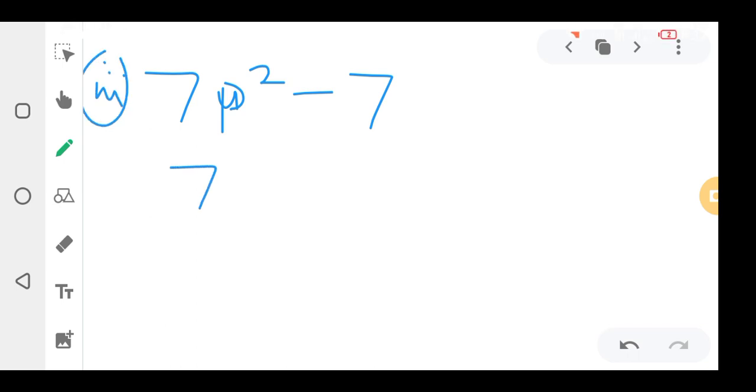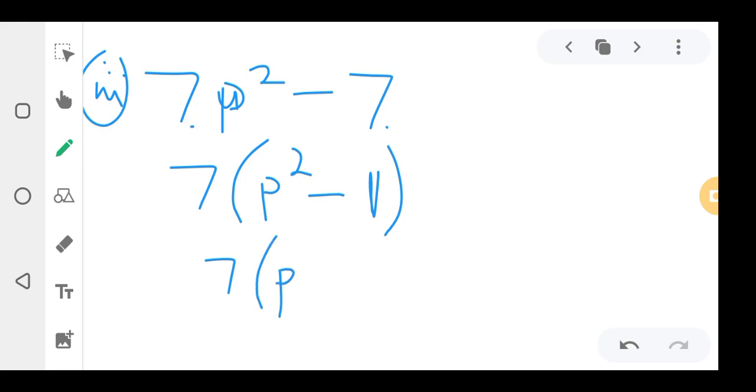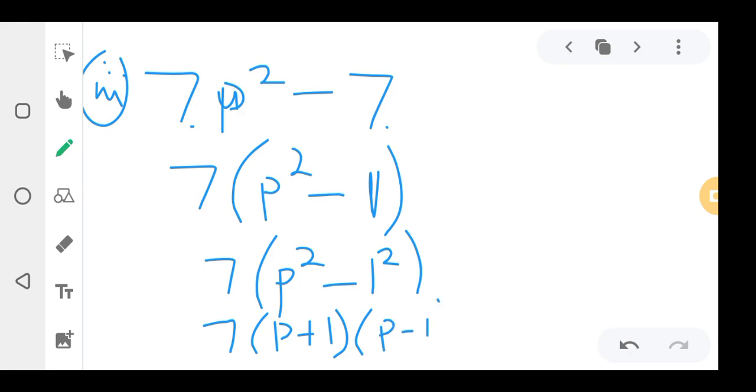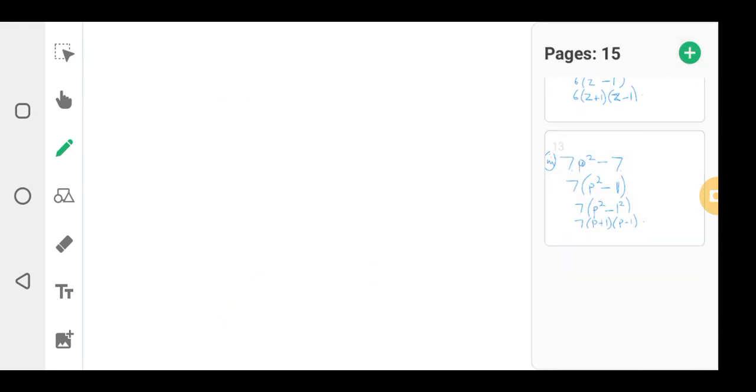So it will be 7, which is common, open bracket, p squared minus 7 into 7 is 1. Because 7 is appearing this side and appearing that side. I've taught you how to solve such kind of questions. So minus 1 as a perfect square, it's 1 squared. 7, open bracket, p plus 1, open bracket, p minus 1. So it applies just like that.